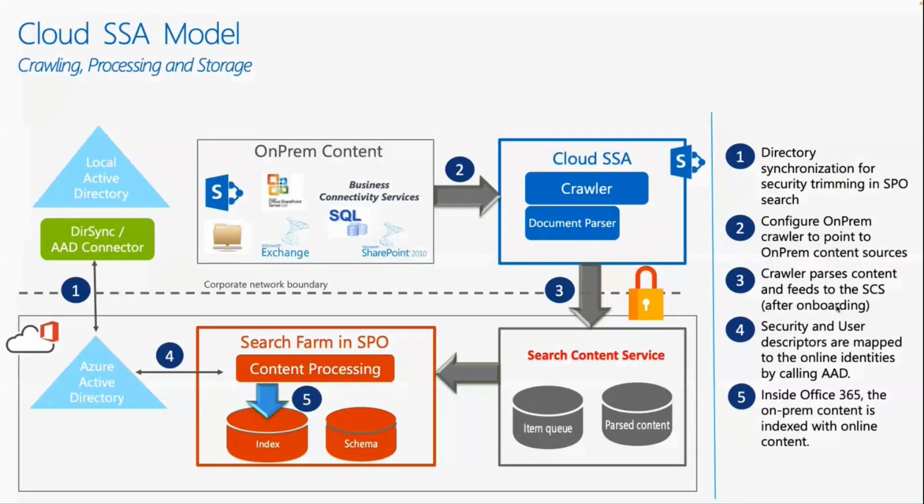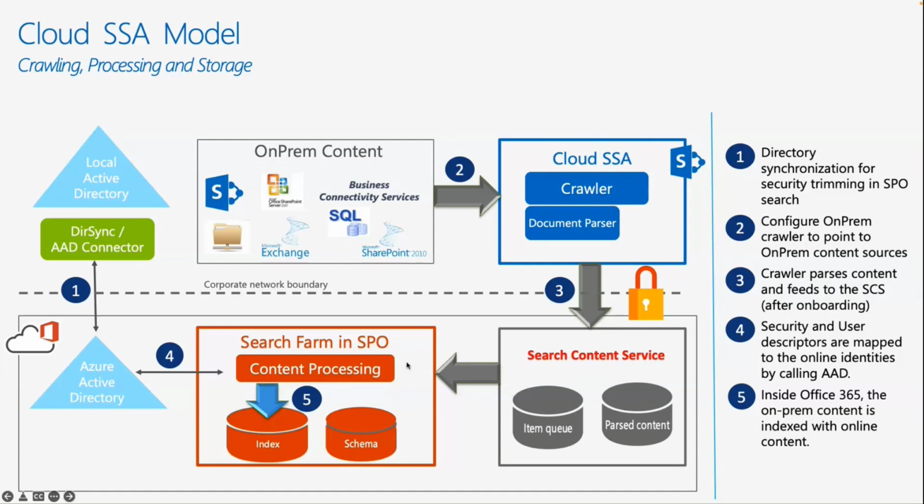If you have to draw a high-level picture of what Cloud SSA does, this is a summary of that. Cloud SSA lets you crawl all your on-prem content. It could be SharePoint, Exchange, SQL Server, or any of the other custom line of business applications. All that content is crawled and parsed, and it is plugged in through the search content service, which is an intermediate service.